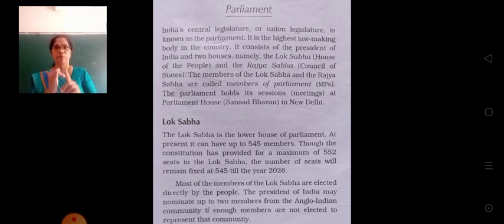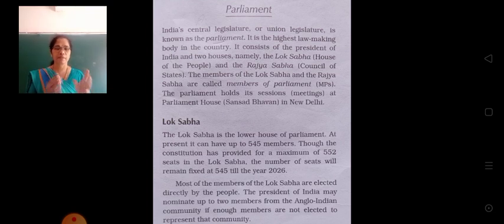In parliament, both Lok Sabha and Rajya Sabha members are there, and all of them are called MPs. The parliament holds its meetings at Parliament House, and we know that our parliament is in New Delhi.